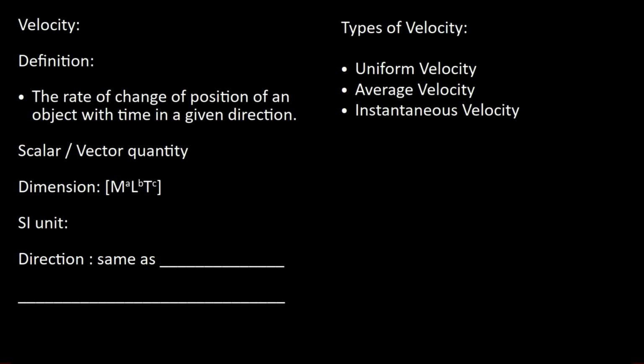So we just discussed velocity. It is nothing but your change in position with respect to time. The direction is also a factor. It is a vector quantity and the direction is the same as the direction of the motion. When it comes to types of velocity, you have uniform, non-uniform, average, instantaneous, and so on.